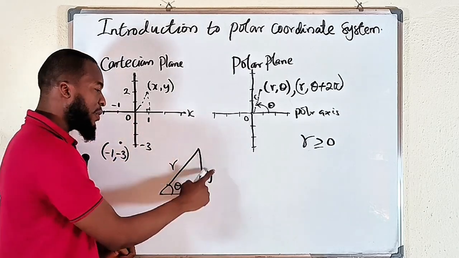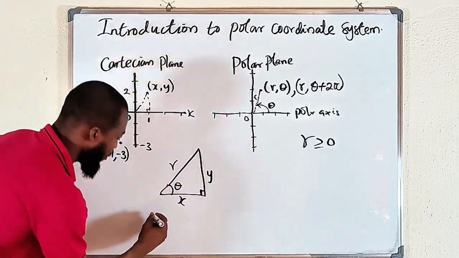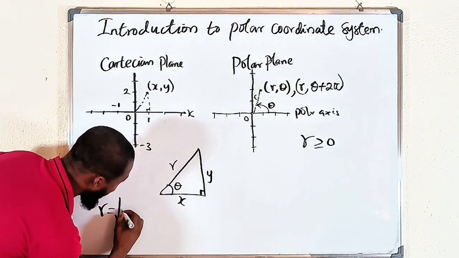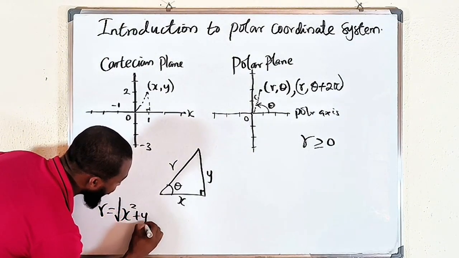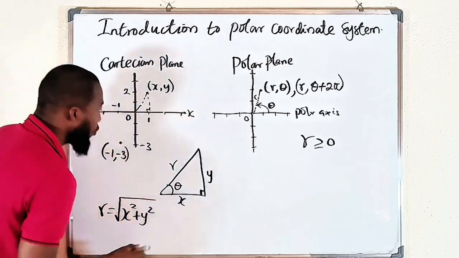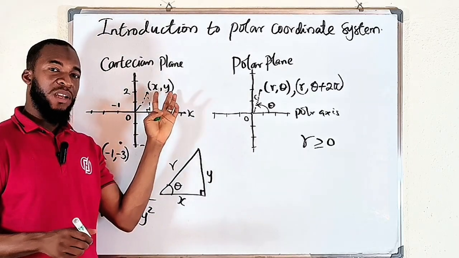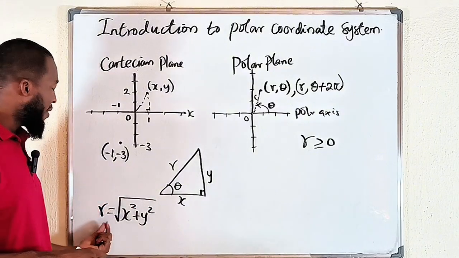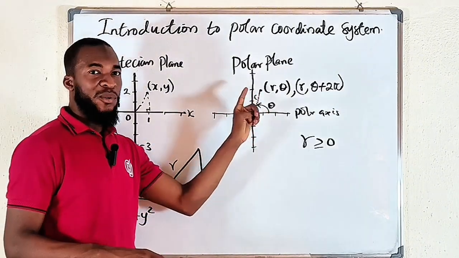Hypotenuse squared is equal to this squared plus this squared. So therefore, in general, we can say that r is equal to the square root of x squared plus y squared. So whenever you are given points on the Cartesian plane, you can square all of them, put them inside the square root, evaluate, and it will give you the value of r.